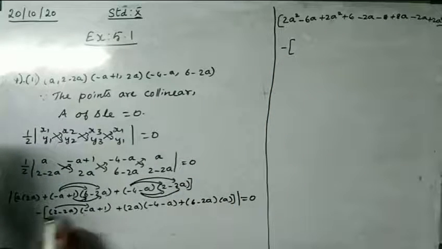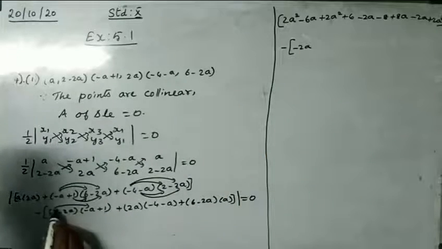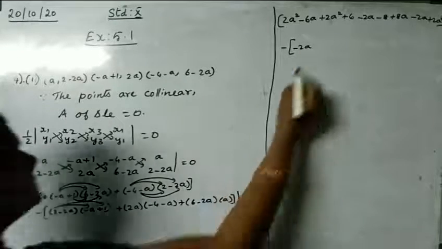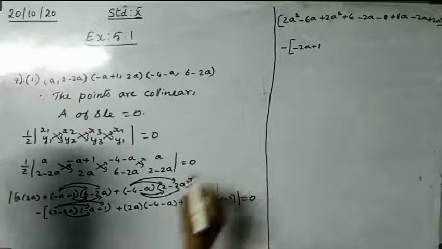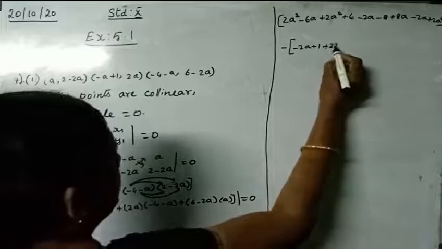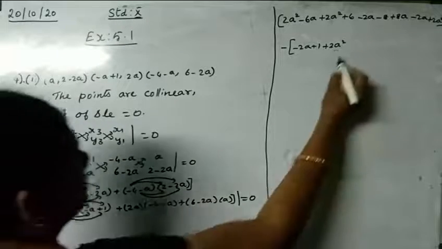2 into minus a is minus 2a. 2 into 1 is plus 2. Minus 2a into minus a is plus 2a square. Minus 2a into 1 is minus 2a.